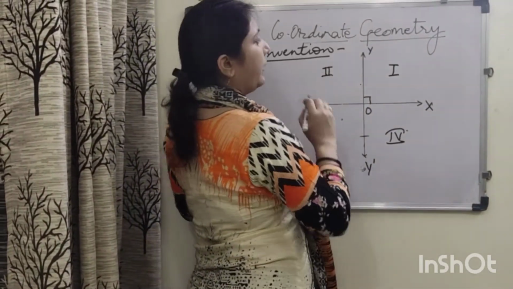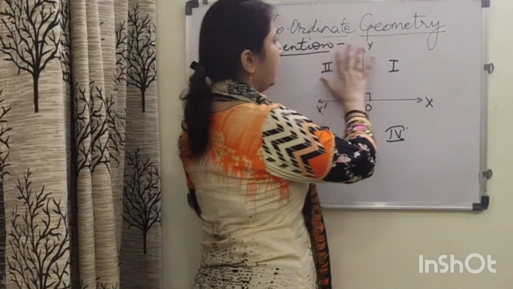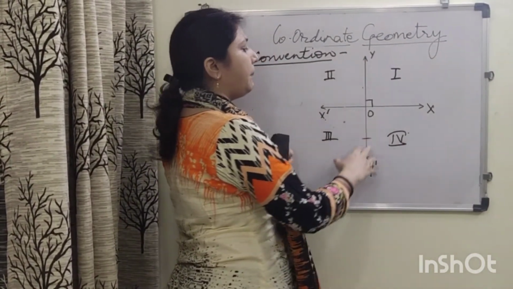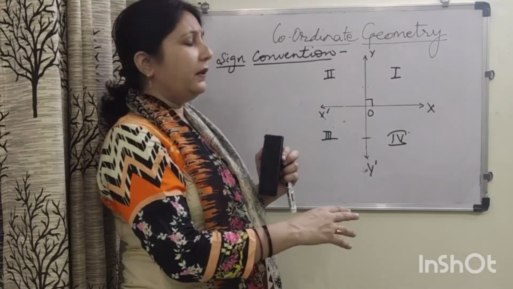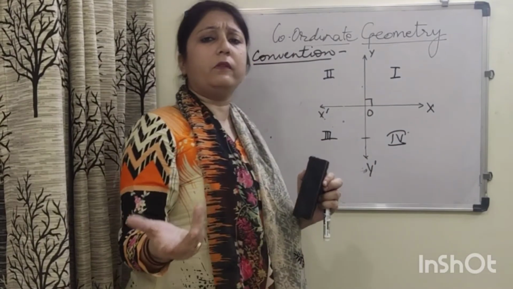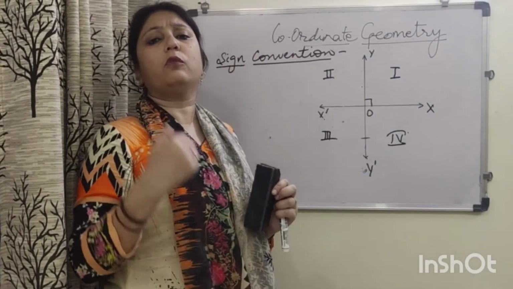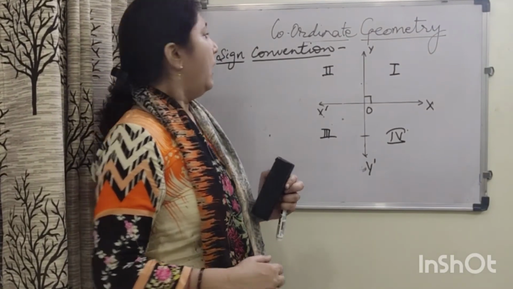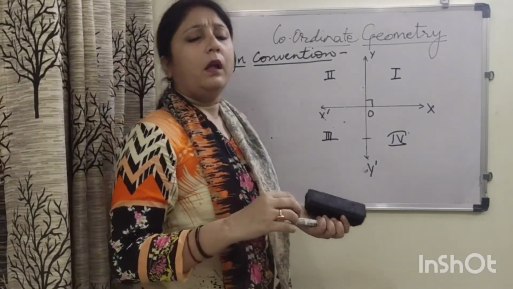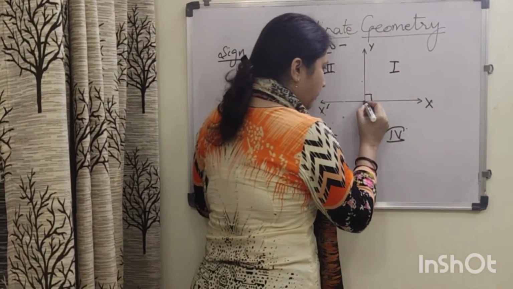Now there is sign convention. Children, I have tried to show you this Cartesian plane where you can see two mutually perpendicular lines intersecting at 90 degrees, and O is the point which we call the origin. Here we have sign convention. It is compulsory for you to know that O is the point.